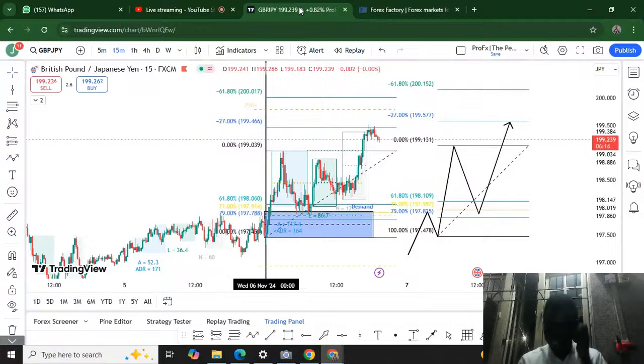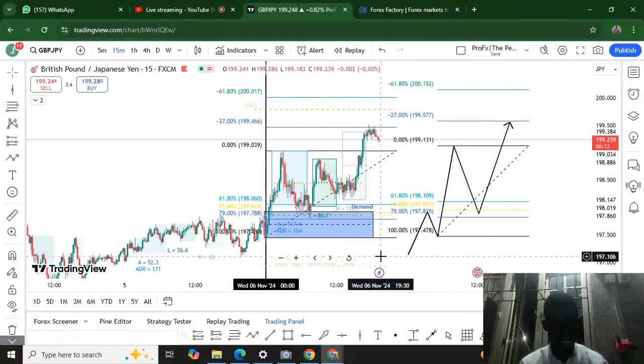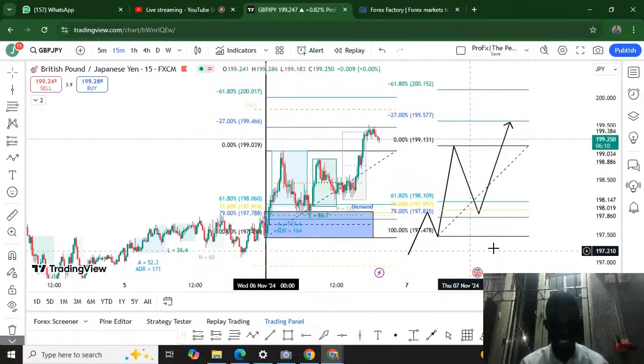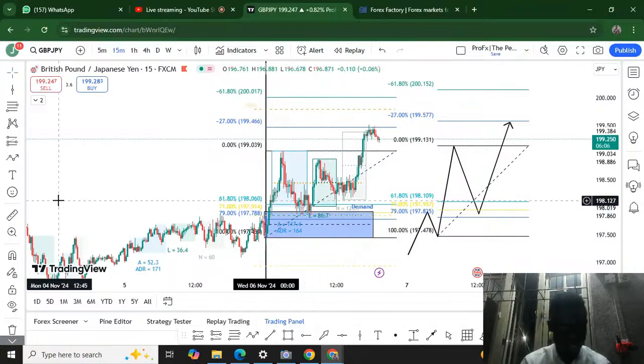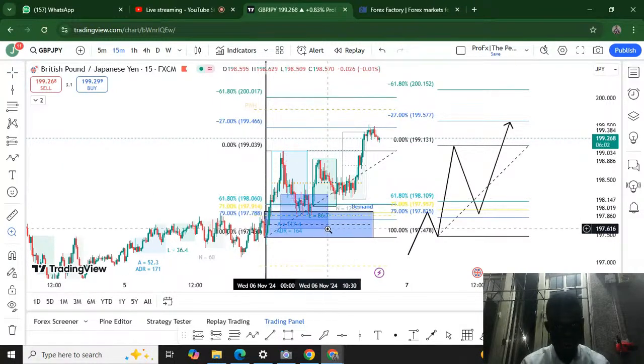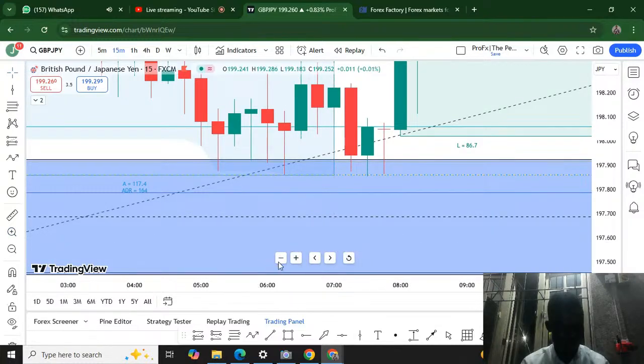It's either we use instant or buy limit. In this case, if you want to use instant market, you have to wait for price to give you a bullish confirmation when it gets to your location.